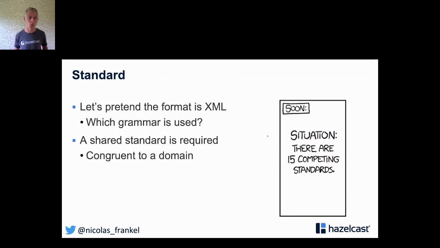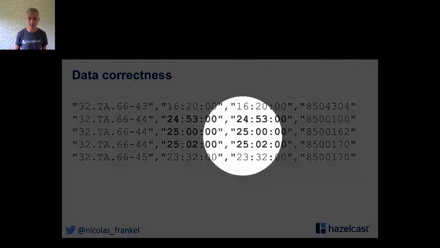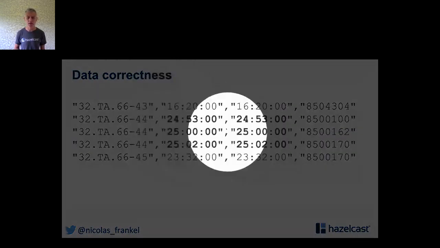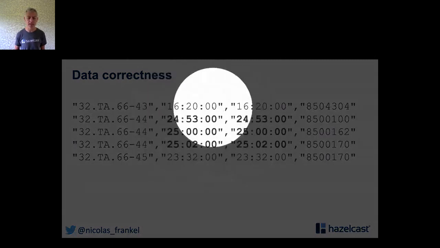and then there will be one standard to rule them all, but then you've got one more standard because it didn't rule them all. And finally, you might have heard data scientists telling that they should be doing data science, but 80% of their time is about curating data because data is not in the right format. Hey, guess what? This is from the data files that I have, and this is supposed to be a time. So I know what 1620 is as a time.